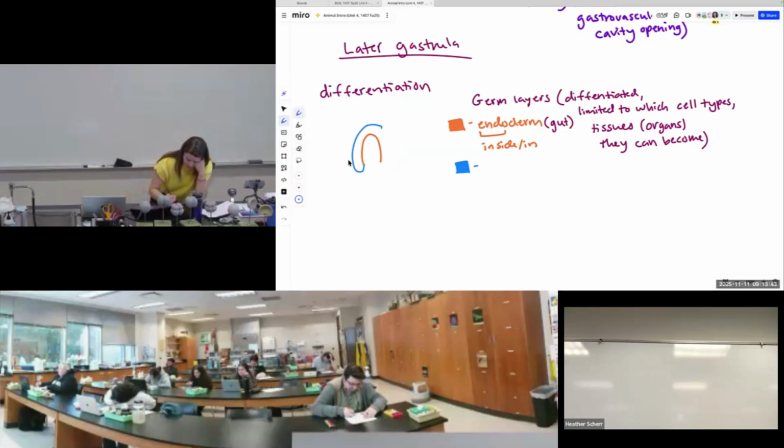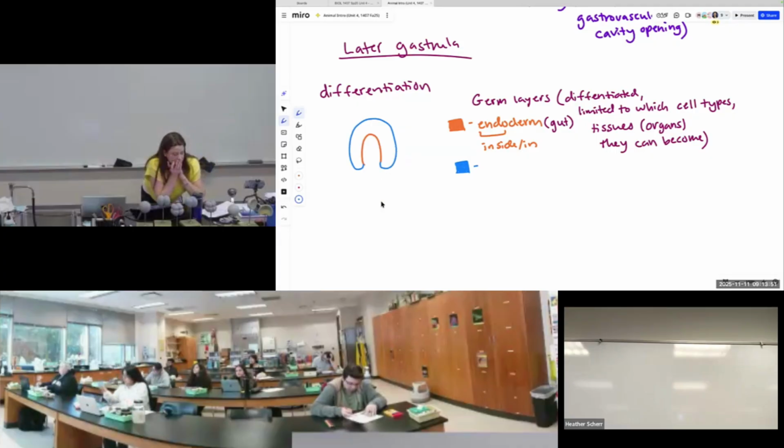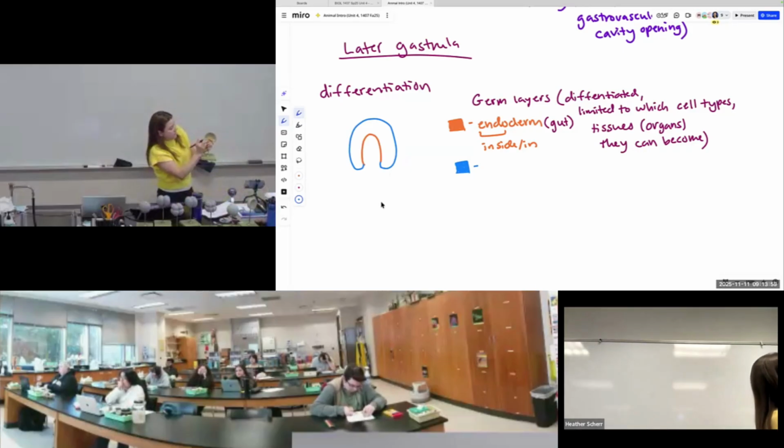That's sketchy. Hold on. All the stuff that's in gray, that's the endoderm.